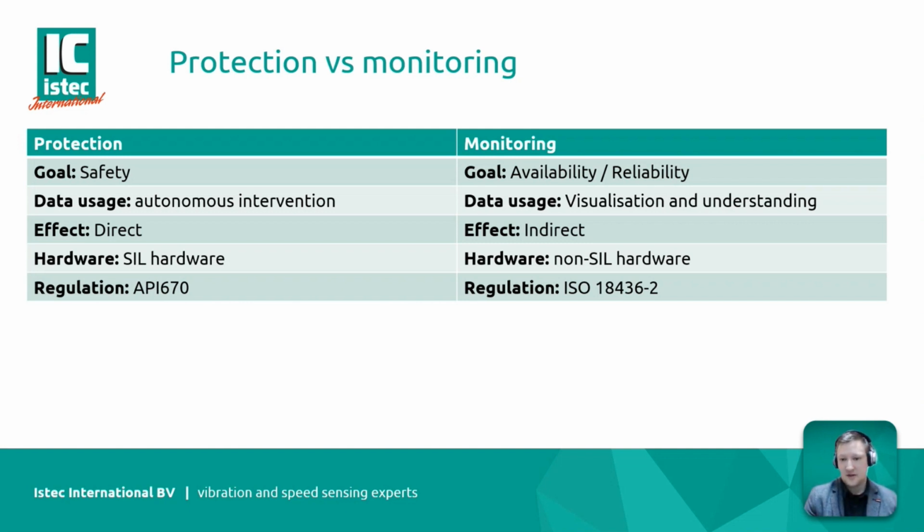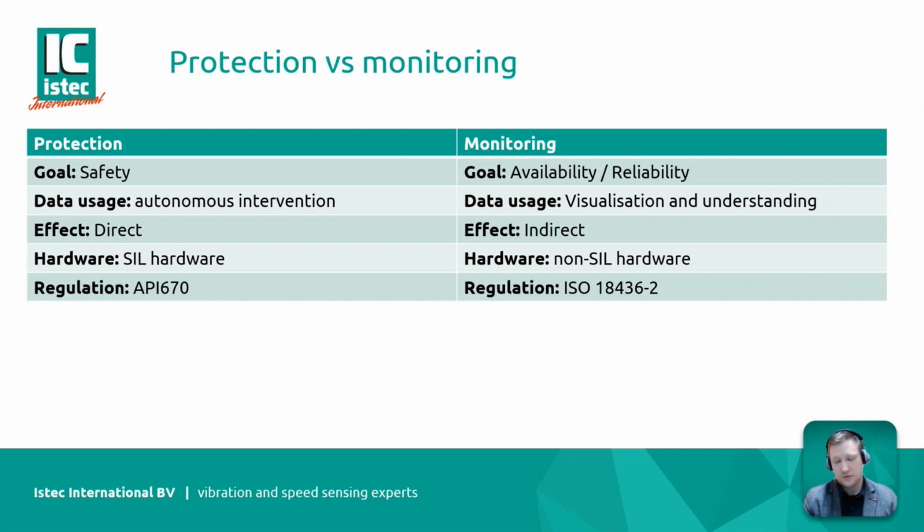The effect of that is very indirect, while protection is a direct effect. When it exceeds, it's black and white: stop the machine. There are also still requirements on protection systems, while on monitoring it's less important or not even existing.